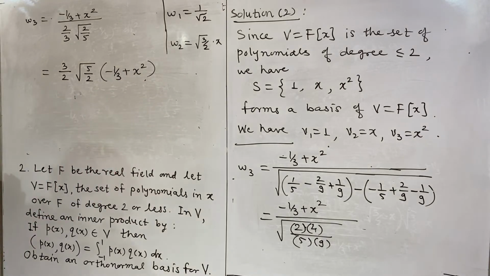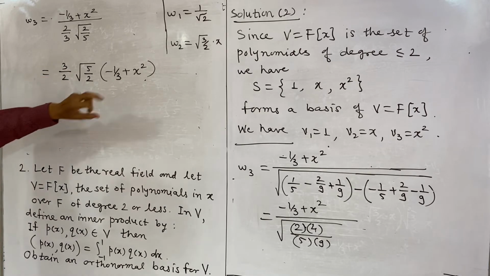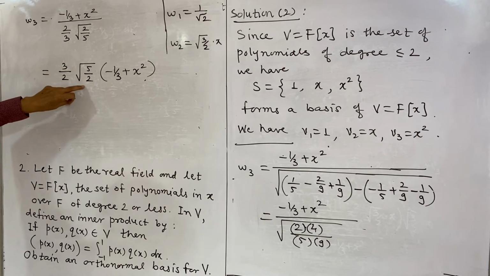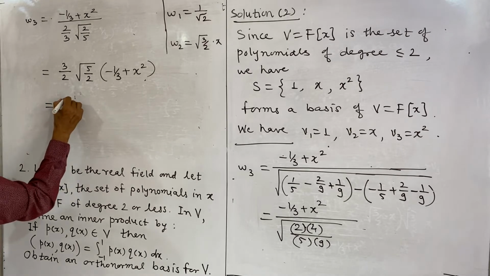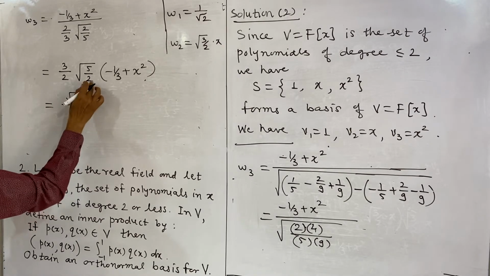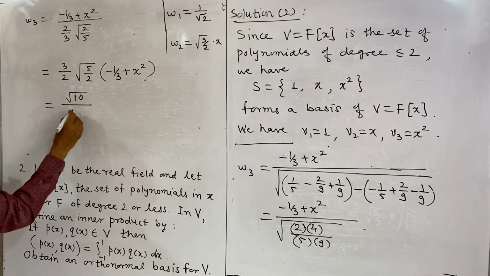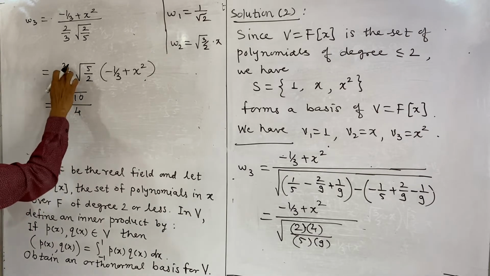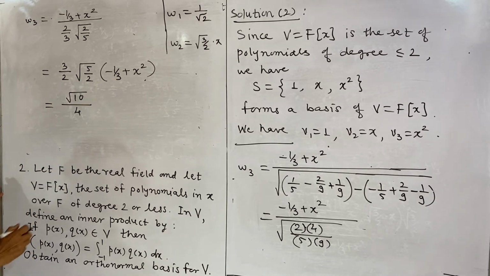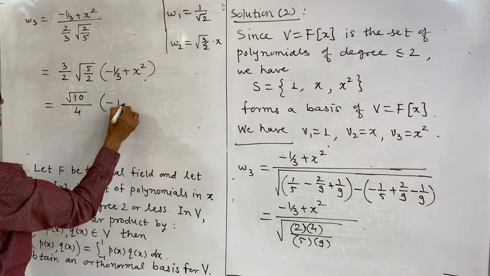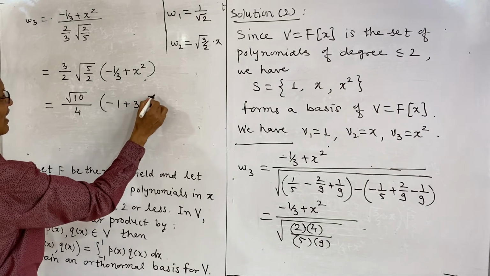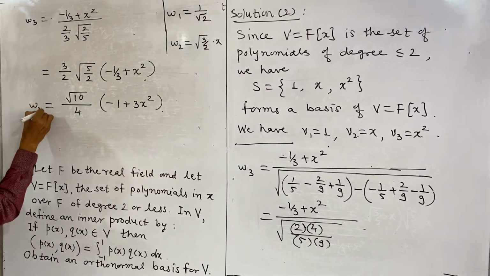What we shall do to simplify this is, we can multiply 3 inside the bracket, and this is the root 5 by root 2. So that we multiply by 2 here. So this becomes root 10. We are multiplying by root 2 at numerator and denominator. So divided by 4, you can check it, and we are multiplying by 3 inside the bracket, and that becomes (−1 + 3x²). So this is the value of W3. Check it.